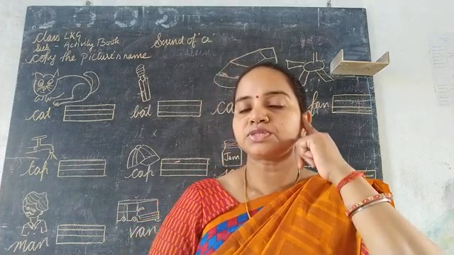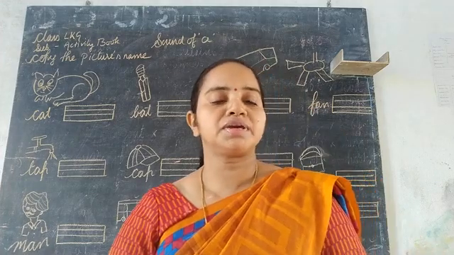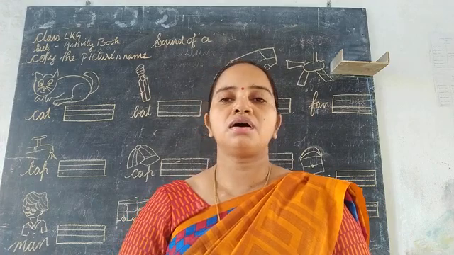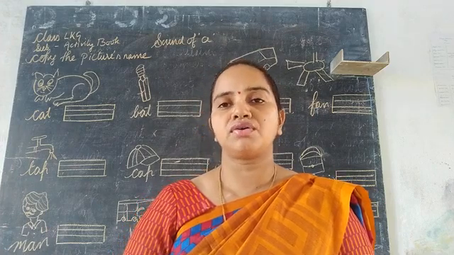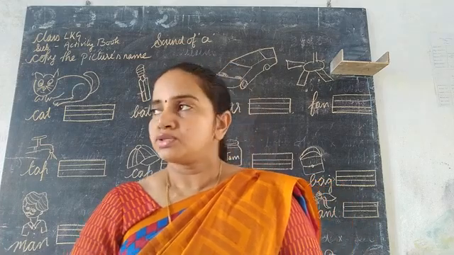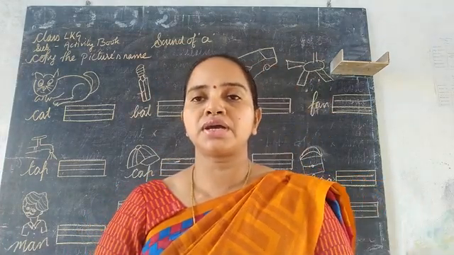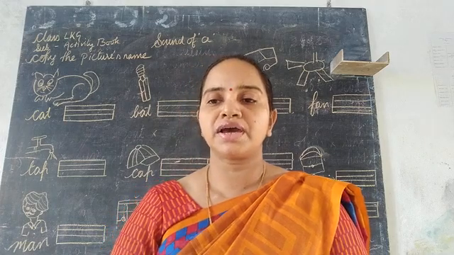Okay, so with this presumption we will take up the classes today, and today we are going to figure out vowel and consonant. Okay students, as your Pallavi ma'am may have taught you, how many vowels and consonants do we have?